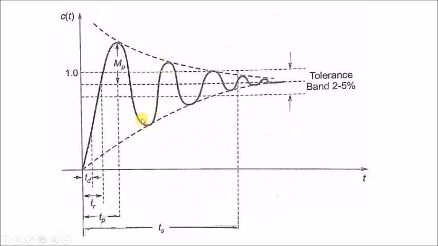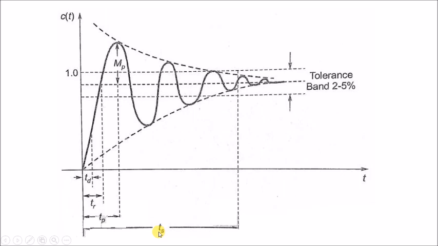The third peak is this, but this is the second peak but first undershoot. Clear? This is the third peak but second overshoot. Similarly, you can find TP for all those peaks. So P can change 1, 2, 3, 4, 5, 6 up to N depending upon the oscillations.